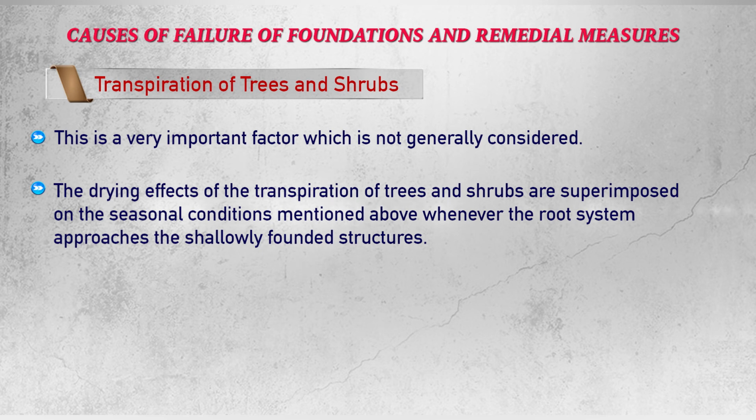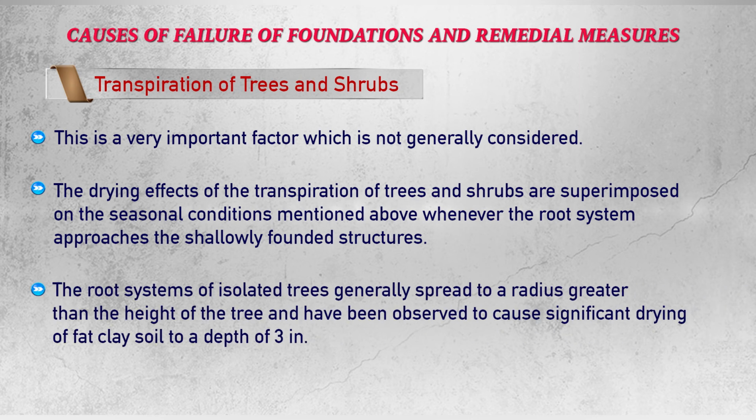Whenever the root system approaches the shallowly founded structures, the root systems of isolated trees generally spread to a radius greater than the height of the tree and have been observed to cause significant drying of fat clay soil to a depth of 3 meters.